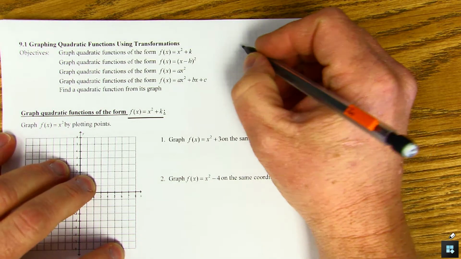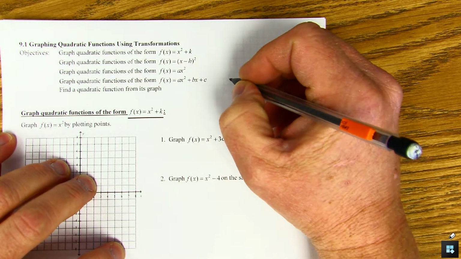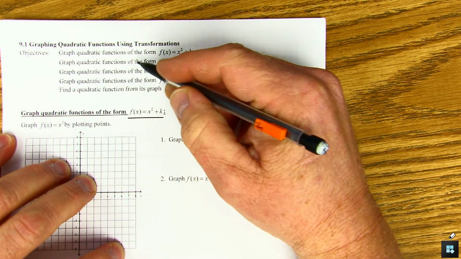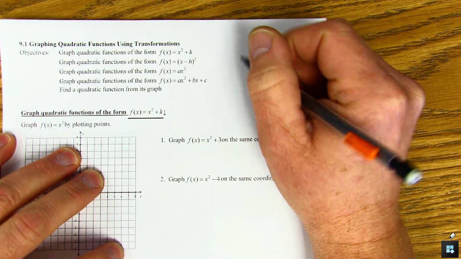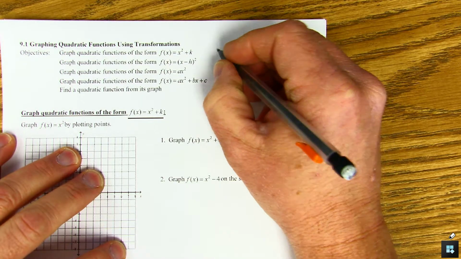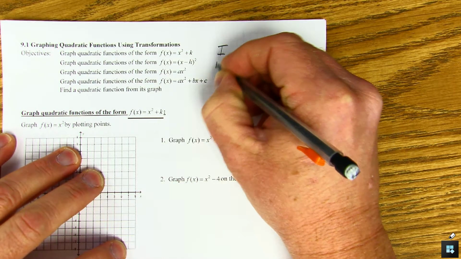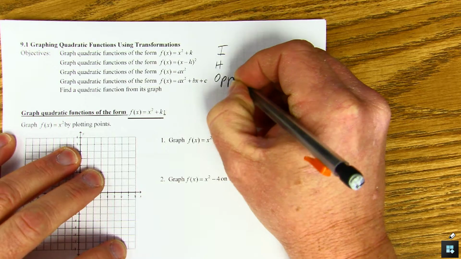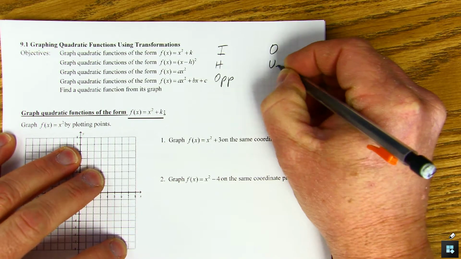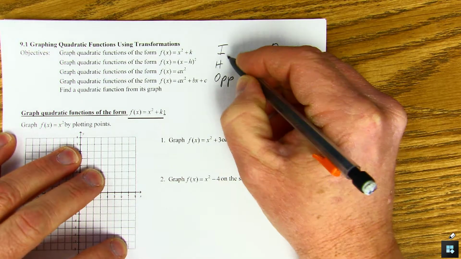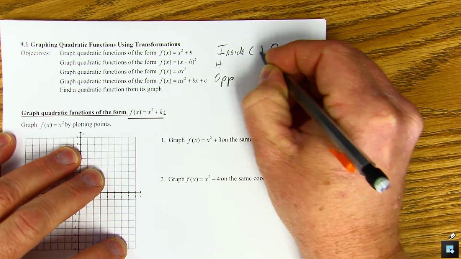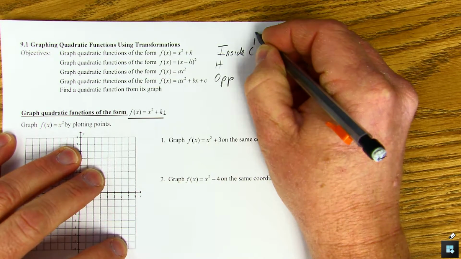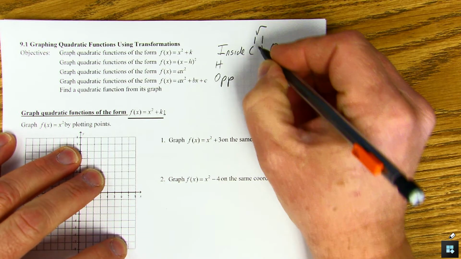So, transformations. I'm going to be honest with you folks, right here are your objectives for this lesson. I have two acronyms that I use a lot when dealing with transformations, and that is the acronym IHOP. The I in IHOP stands for inside, which would be inside my parentheses, inside the absolute value, inside the square root, things of that nature.